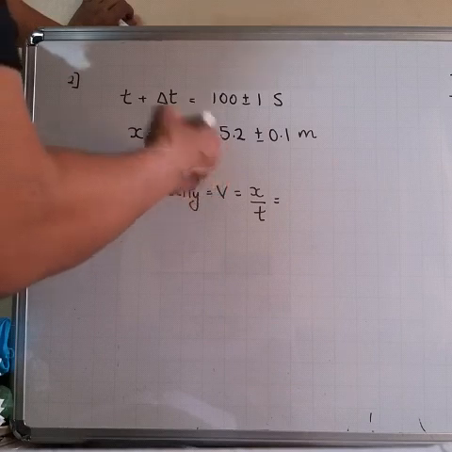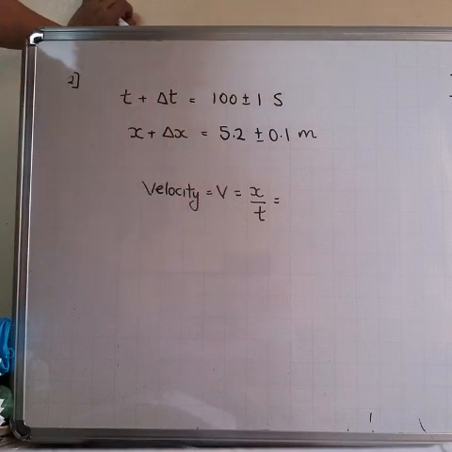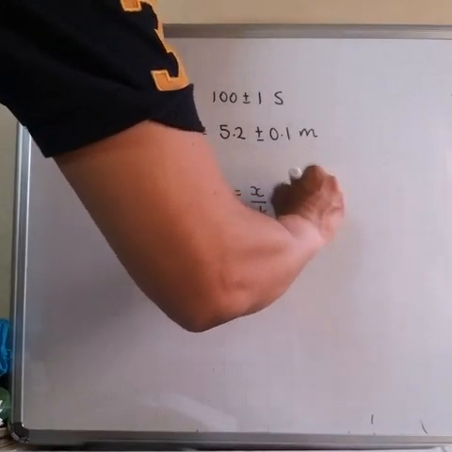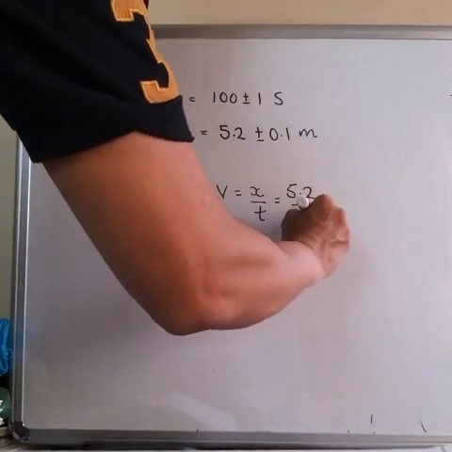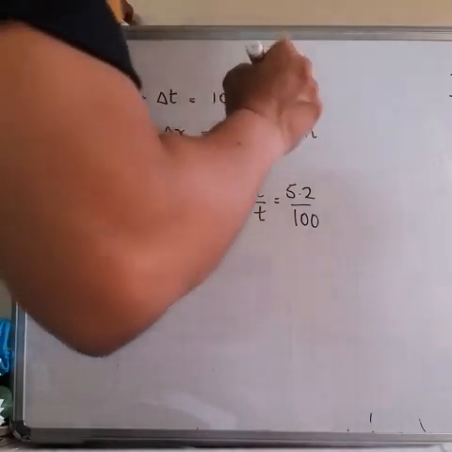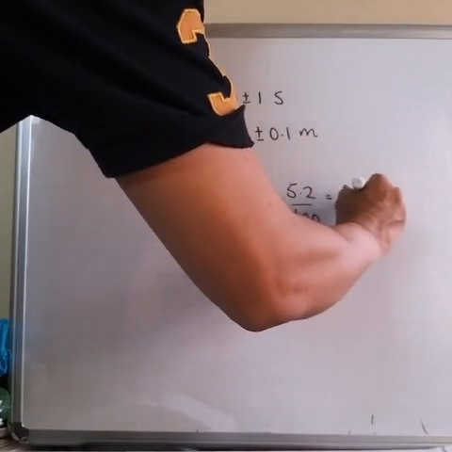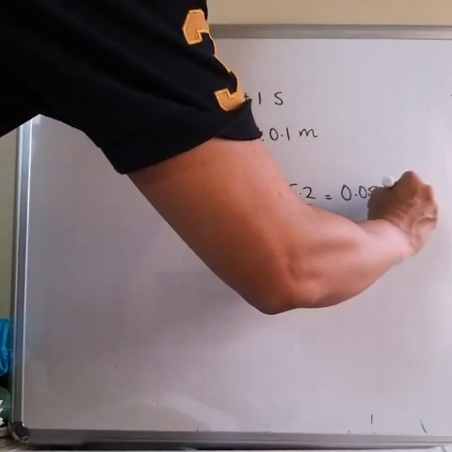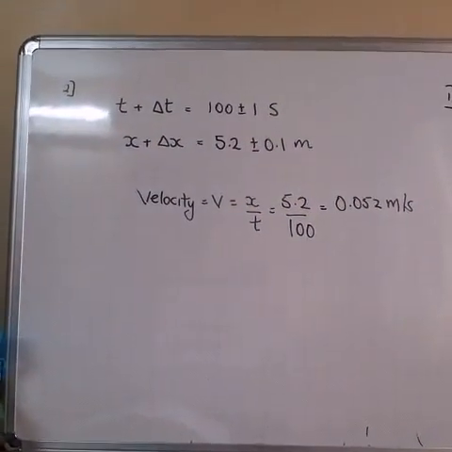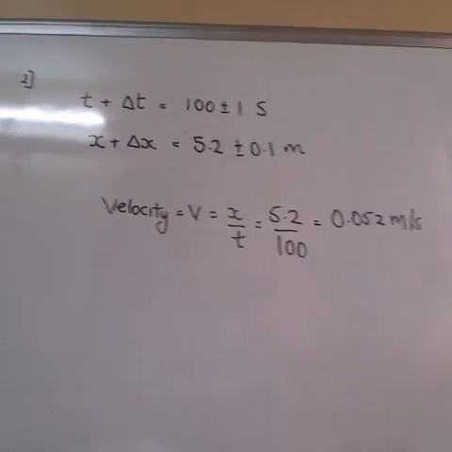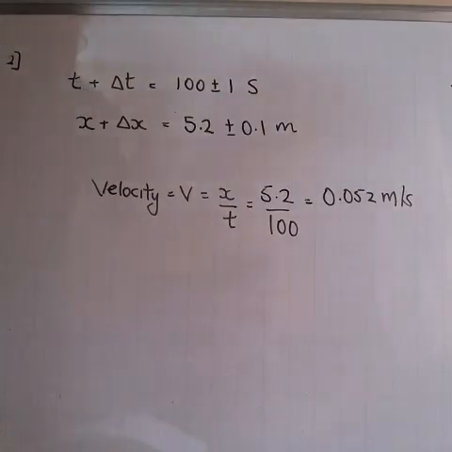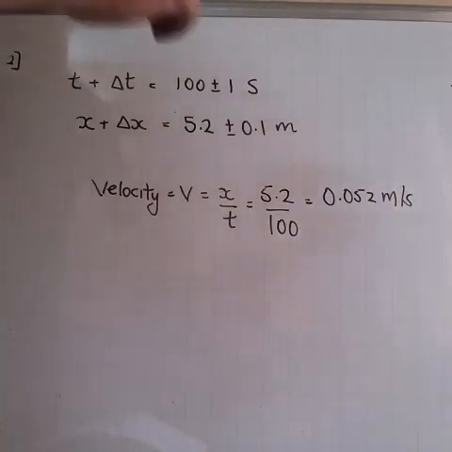So x is 5.2 and t is 100. 5.2 upon 100 is how much? 0.052. 0.052 meter per second. This will be the value of velocity. Now how much is the error? For finding the error, relative error, what?